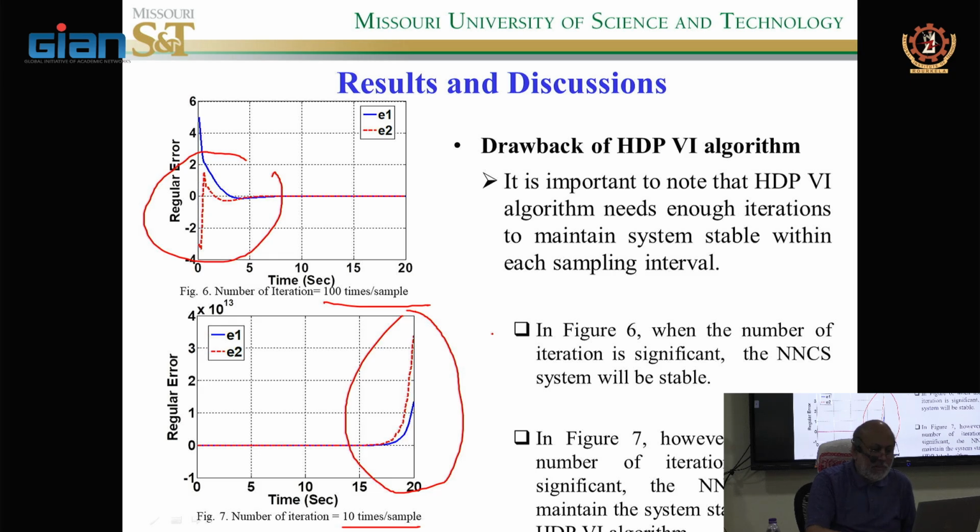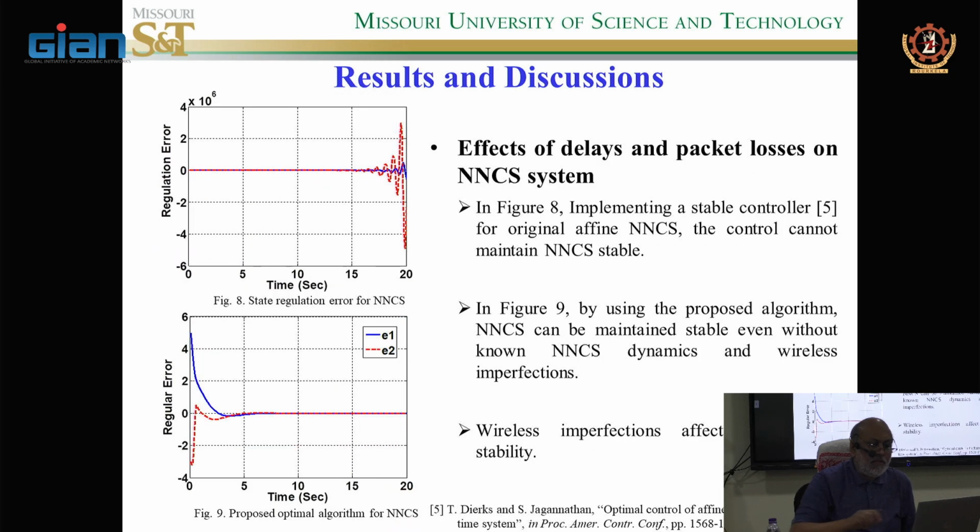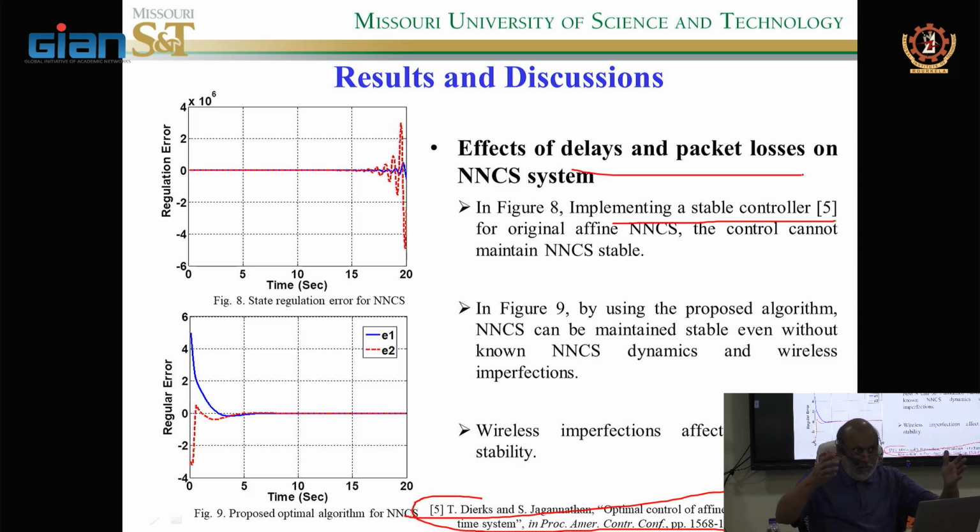Okay? Now, the next step is the effect of delays and packet losses. So here, we are implementing a stable controller. We found a stable controller from this, my paper. And that controller doesn't know the delays and packet losses. It's an affine controller, for an affine system, continuous time, it doesn't know the delays and packet losses.